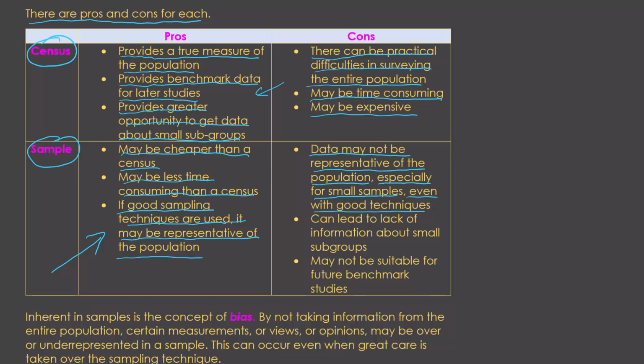And a lot of research is done into these techniques. It can lead to a lack of information about small subgroups. If you have a tiny group of people within a population and you sample and you maybe take 1 or 2% of the population, you may really not hit some of those subgroups at all. Because of this, it may not be suitable for future benchmark studies because you can't be sure about the accuracy of your snapshot.